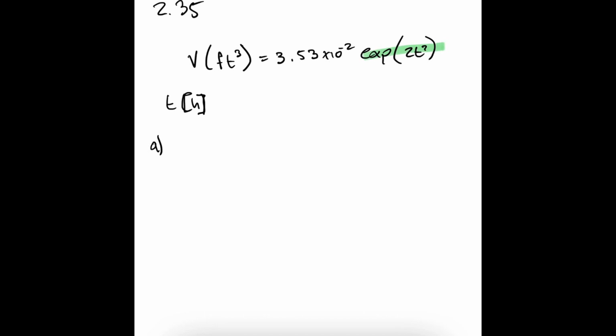Therefore, 2 has to have reciprocal units so that t squared and 2 altogether have no units. If t is in hours and we're squaring it, then t squared has hours squared. Therefore, 2 has to have reciprocal hours squared as its units, so that it cancels out.